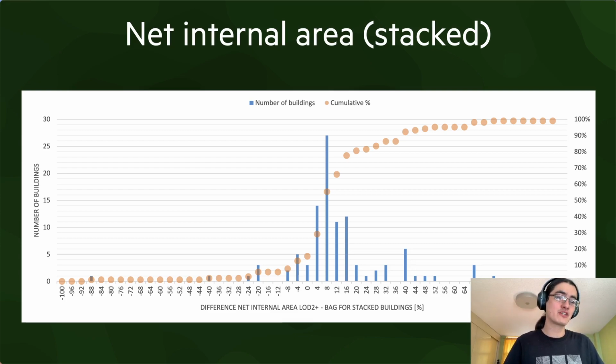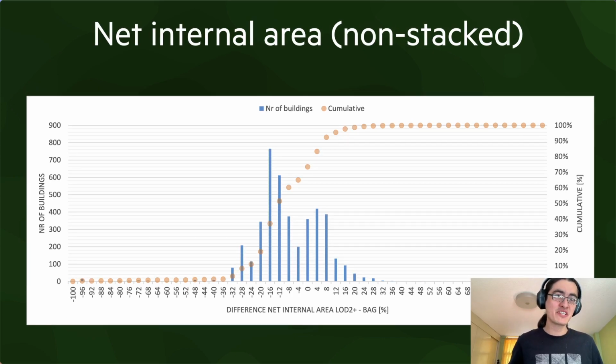And so Ruland looked at the geometry he generated and tried to compute what is the net internal area and validate it with the data that is stored in the BAG dataset. For stacked buildings, these sort of more tower-shaped buildings, he got some pretty good results, like with values close to 0, and something a little bit higher because you have these staircases that you are not able to see from outside.